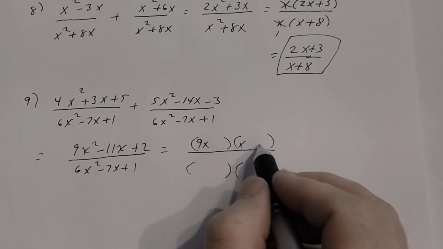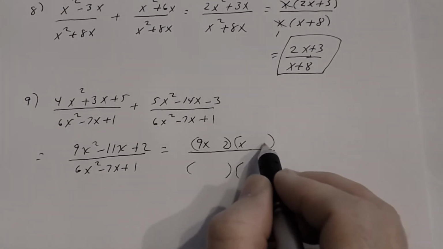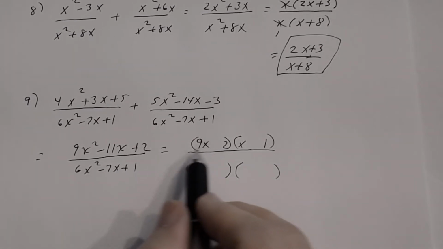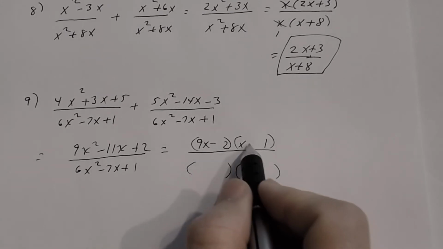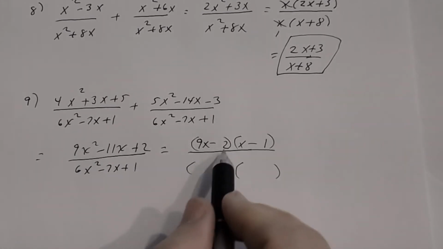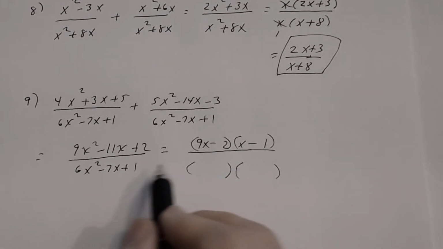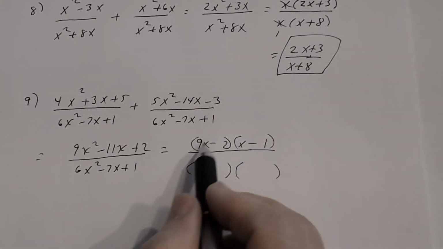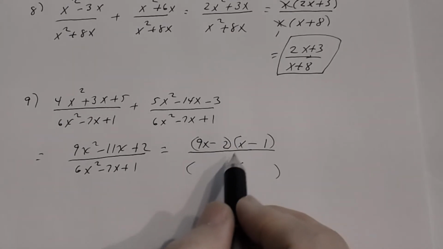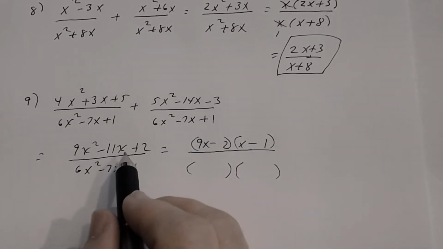And then let's put the 2 here, the 1 there. And then the last sign's positive, so the signs in here are the same. So that's going to be both negative. And let's check. So 9x times x is 9x squared. A negative 2 times a negative 1 is a positive 2. 9x times a negative 1 is a negative 9x. And then the inner, that's a negative 2x, and I get negative 11x.